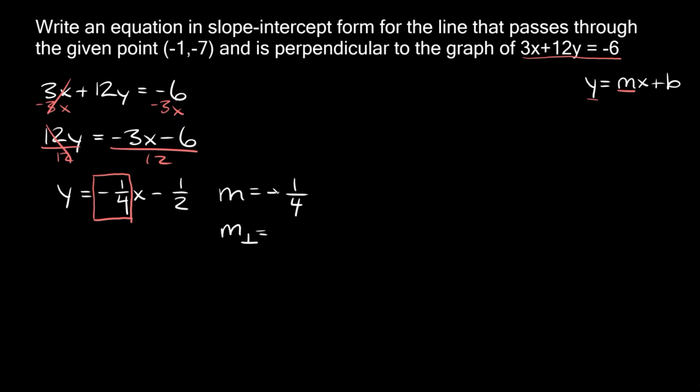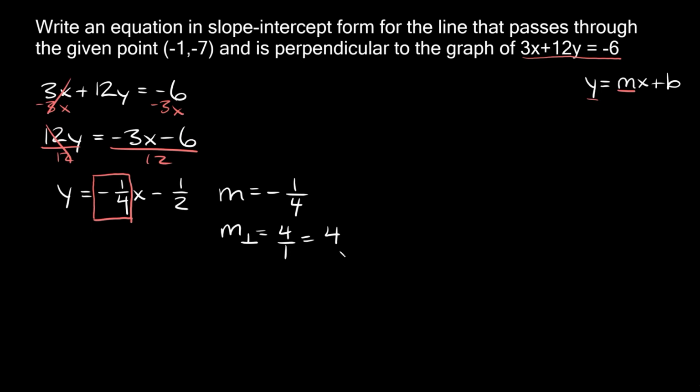When I say opposite, I mean we have to flip the sign. Here it's negative, so for this slope it's going to be positive. And we have to take the reciprocal of the fraction, in other words flip it. So instead of 1/4, we're going to have 4/1, okay? So the perpendicular slope is positive 4/1, and 4/1 is just the same thing as 4, right?